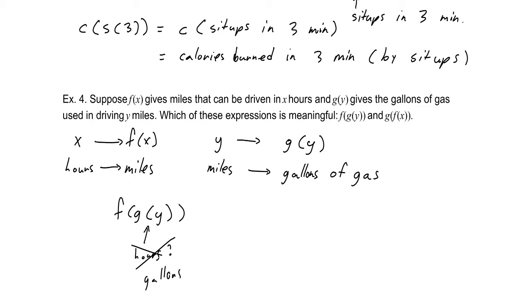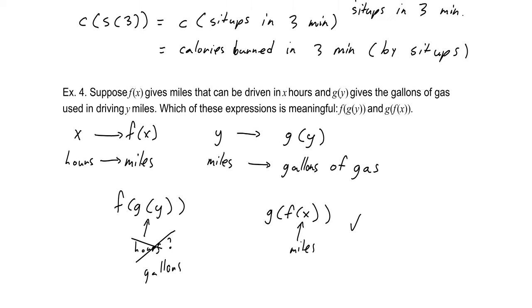Let's look at g of f of x, the way it's written there. f of x is going to produce miles. g requires miles as input, so that actually makes sense. This function would go from hours to miles and then miles to gallons of gas. Those units match up.